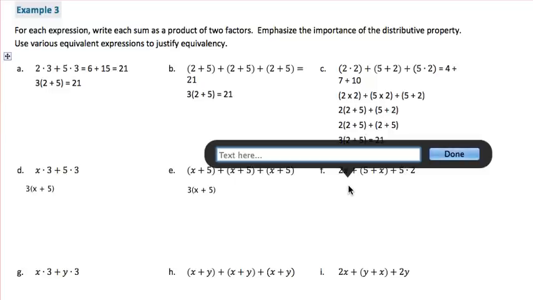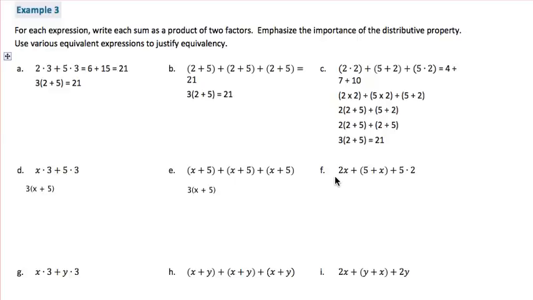And in F, we have 2 times (x plus 5) plus (x plus 5) times 2. Well, we're adding these terms together, so we can move this. Let's go ahead and put grouping symbols around the 5 times 2, because multiplication happens before addition anyway, but it will show that that's happening first.